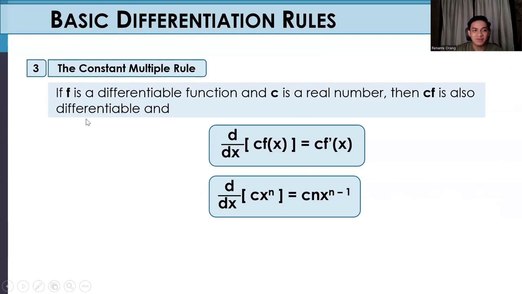Ibig sabihin, if f is a differentiable function and c is a real number, then cf is also differentiable and the derivative with respect to x of our constant function of x is equivalent to constant f prime of x, or the derivative with respect to x of our cx raised to n is equivalent to c n x raised to n minus 1. So, nadagdagan lang tayo ng constant sa harapan ng ating function.